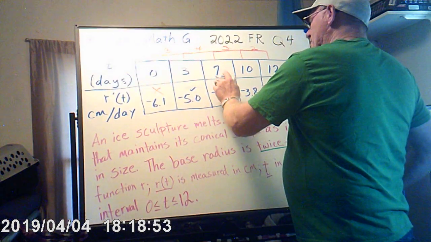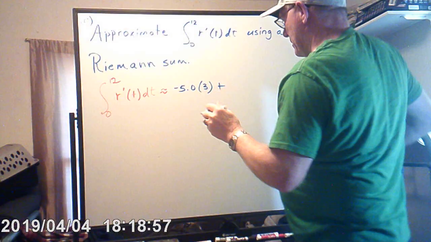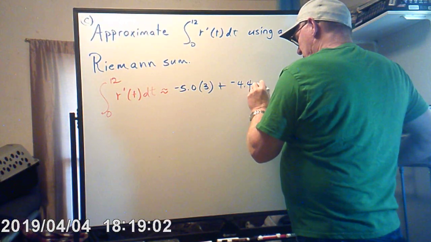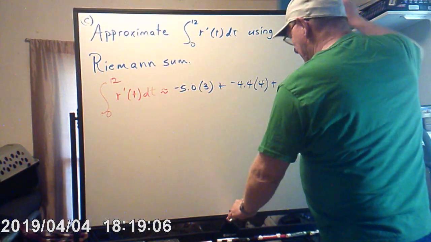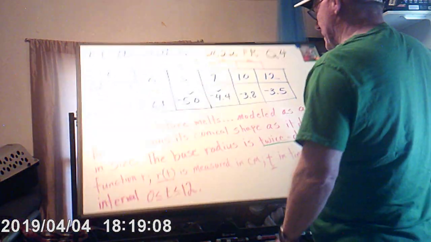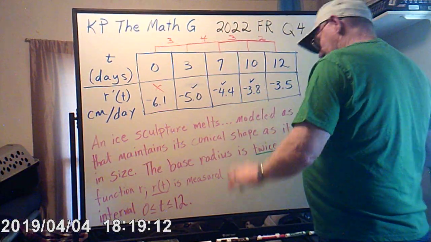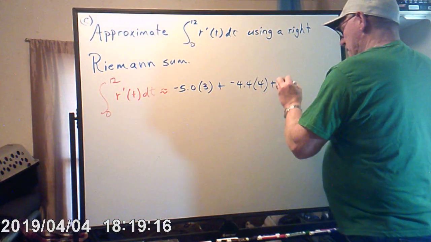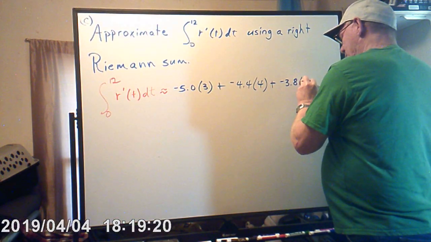Negative 4.4 times 4, plus, next one now, negative 3.8 times 3.